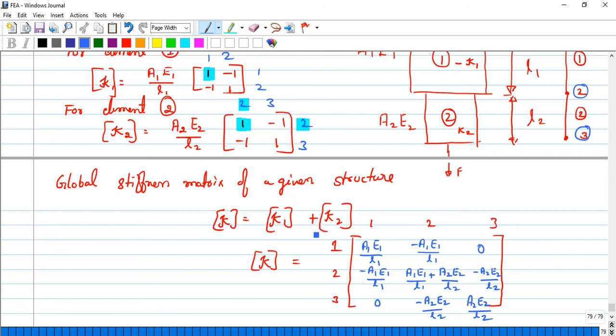So you need to consider the node numbering scheme, and then you need to add accordingly.